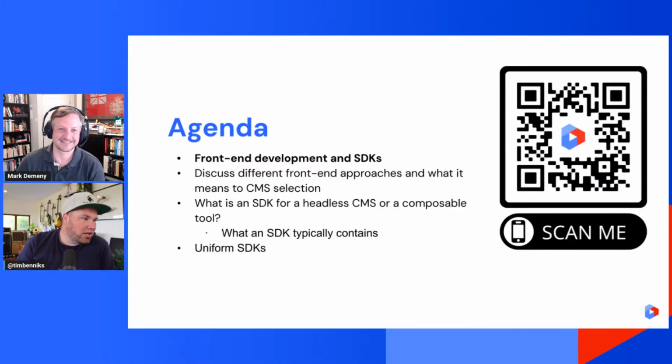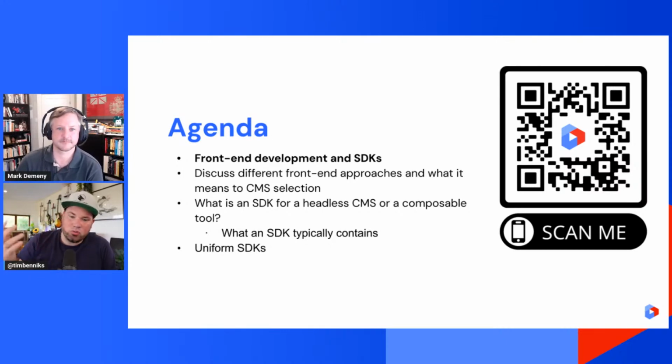All right. So today, let's open our agenda. In the context of choosing a composable tool or CMS and how to evaluate what you have to buy, there's a few things you have to consider. Today we're talking about SDKs, software development kits for the front end. First, we'll talk about what SDKs are, then all the things that we think these SDKs need.